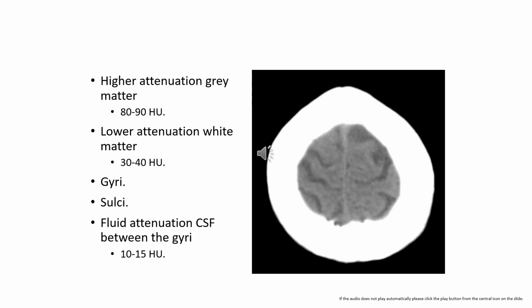There are protective layers over the gyri between the grey matter and the sulci, but these can't be seen on the CT scanning.